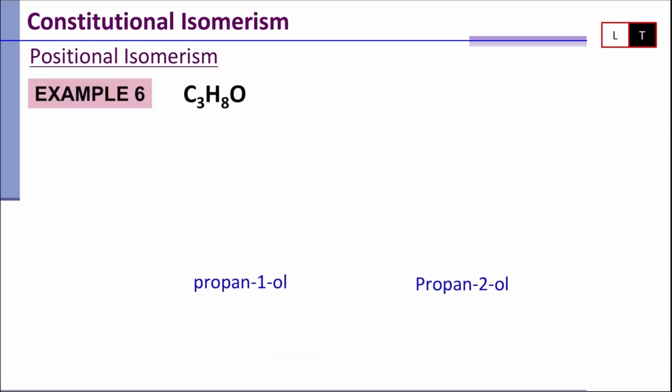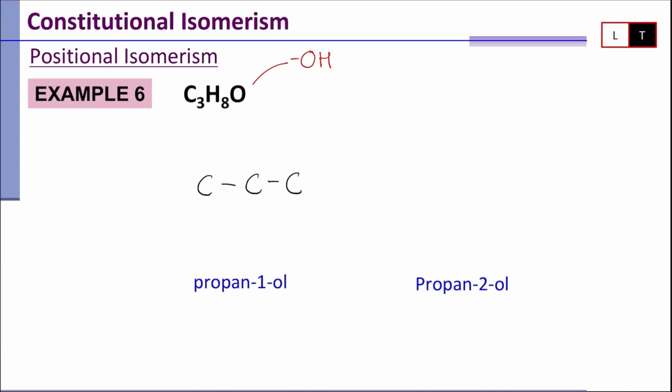Kita ada C3H8O dan saya sudah bagi nama dekat sini. Ini adalah alkohol, di mana alkohol, functional group yang kita akan lukis adalah based on structure OH group. So, I'm going to start by drawing the carbon chain. Saya ada 3 carbon chain. So, saya draw 3, 1, 2, and then 3.